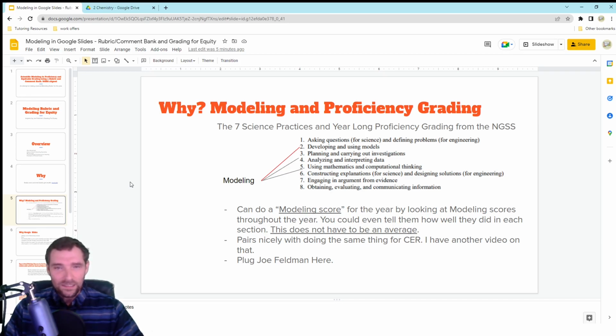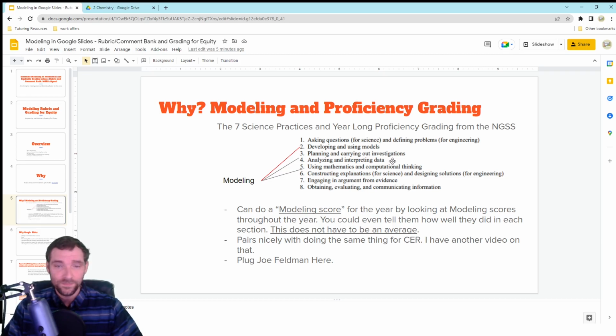And modeling, you can see developing models is one of the practices. But I think you can also justify analyzing and interpreting data, especially with graphs, as a form of modeling. And same with formulas. That's a model of the real world, right? These are numbers and relationships in a formula that model what we see in the real world and how those things are related.